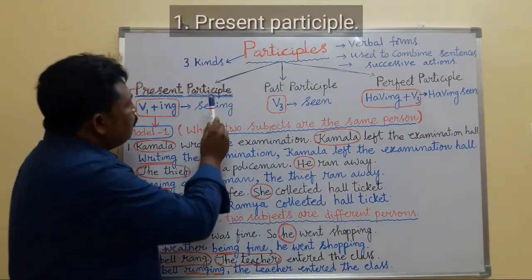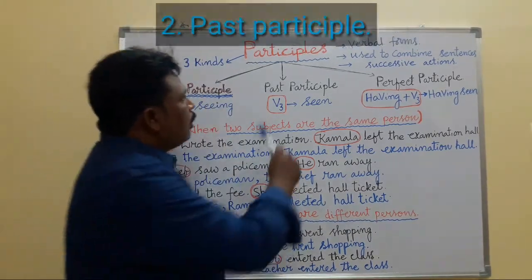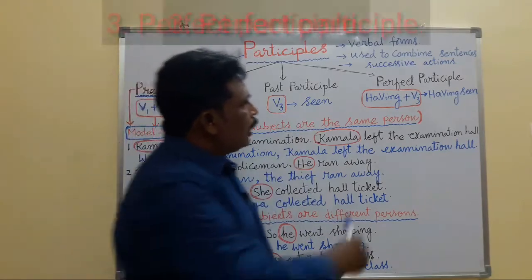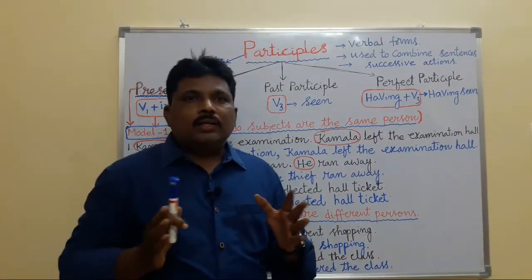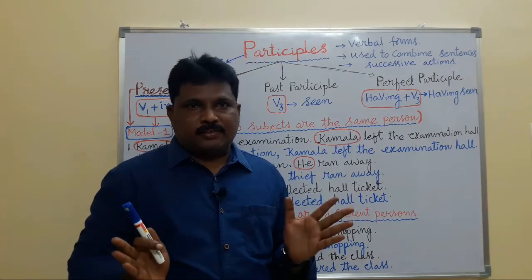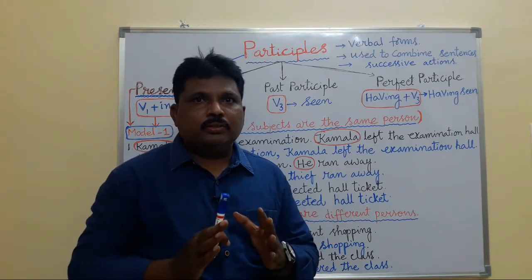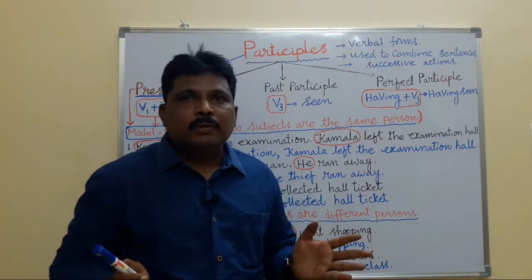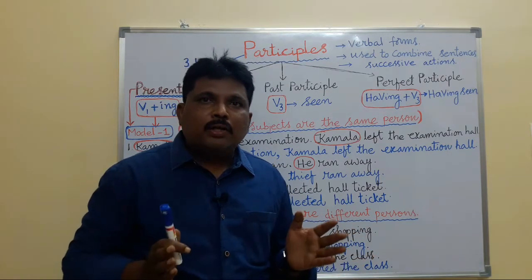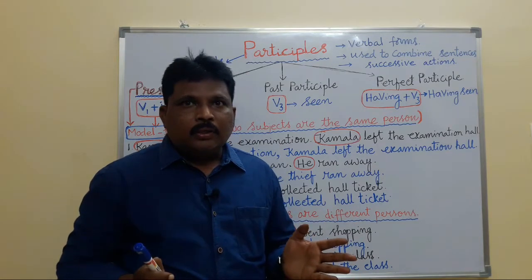Number one, present participle, past participle, and perfect participle. What are the structural differences between present participle and past participle, present participle and perfect participle?